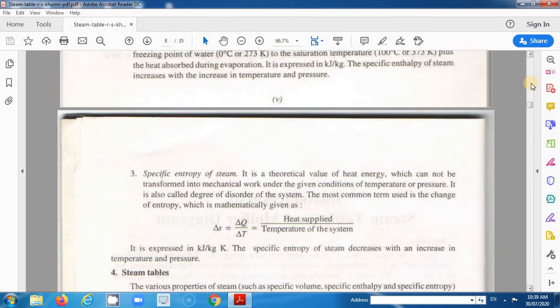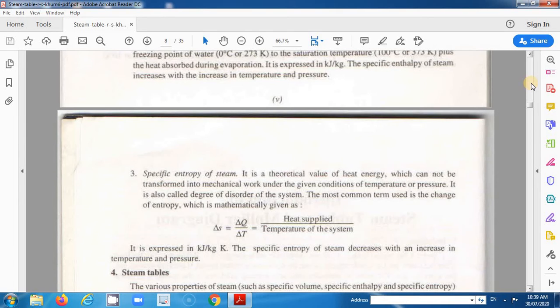Now next is specific entropy, because we are learning the topic of specific entropy. So this term is important. Already we know what entropy is. It is a theoretical value of heat energy which cannot be transformed into mechanical work under the given conditions of temperature or pressure.